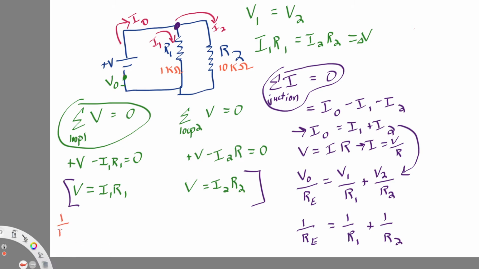Well, we'd have 1 over the equivalent resistance equals 1 over 1,000 plus 1 over 10,000. Right, 1,000, we could also write that as 0.001, and 10,000 would be 0.0001.